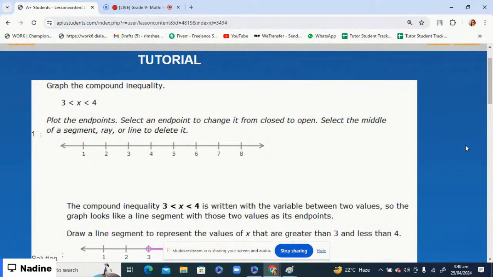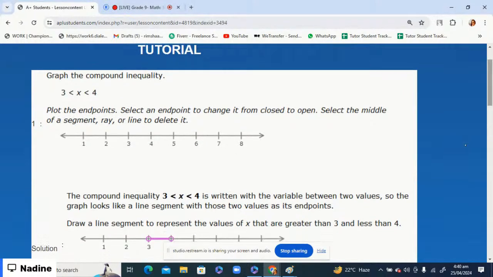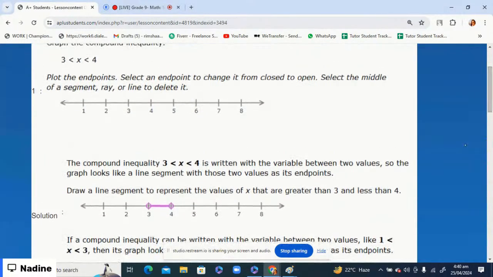3 is less than x is less than 4. So where is x? 3 is less than x, and x is less than 4. So it means that it lies in the middle of 3 and 4.